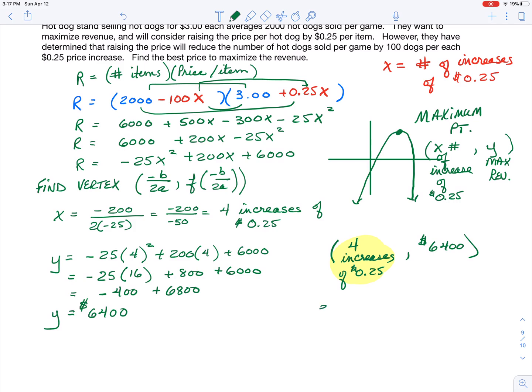Well, I started with a price of $3, and I'm increasing by 4 increases of 25 cents. So it looks like the optimal price should be $4 in order to maximize the revenue.